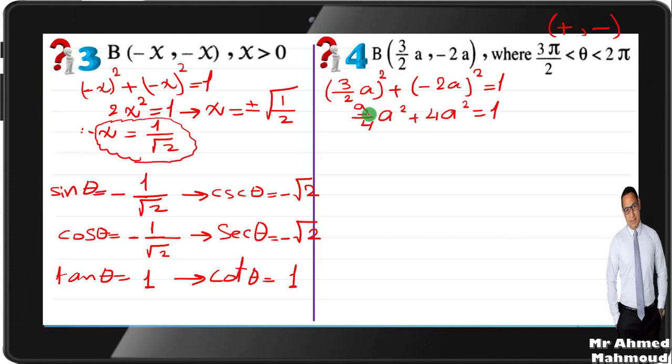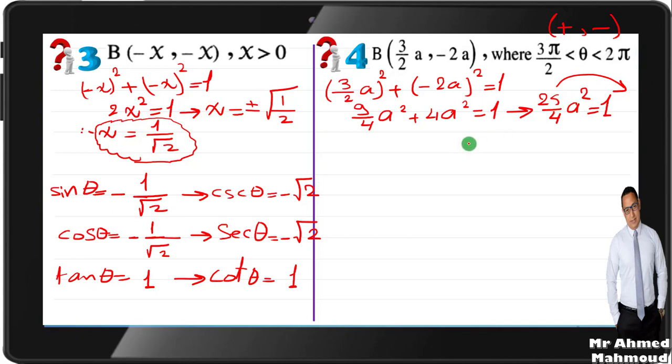By adding 9 over 4 plus 4, we get 25 over 4 a squared equals 1.